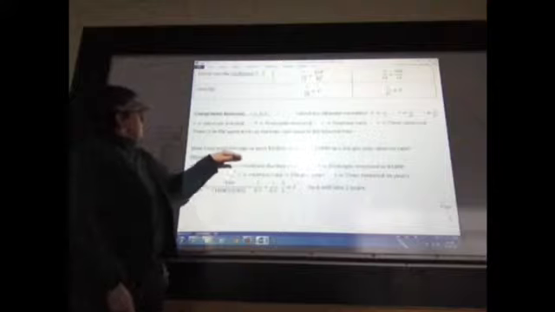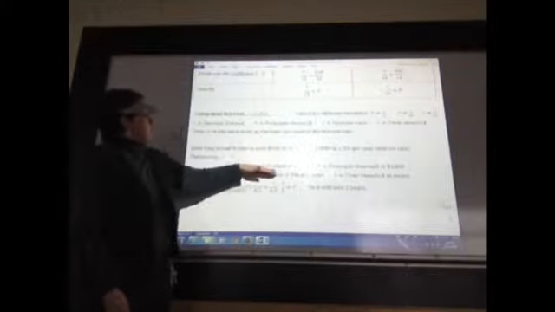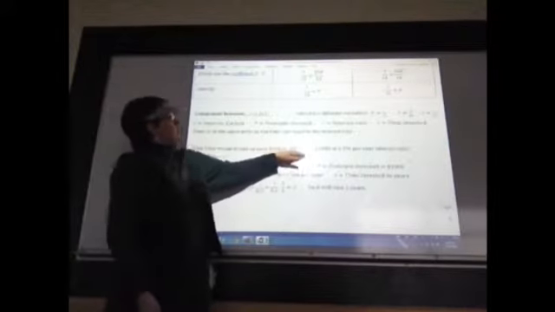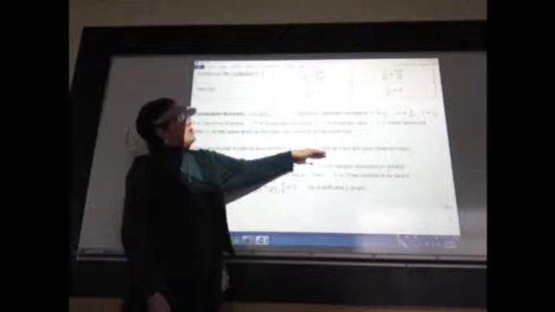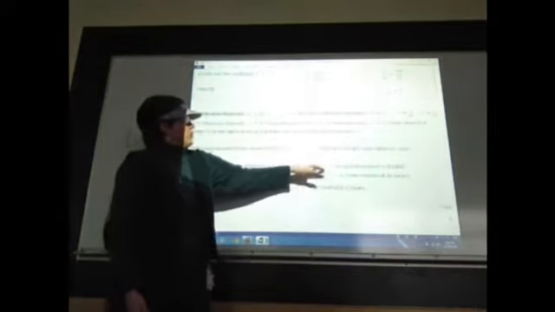And we said, how long would it take to earn $100? Oh, that's interest earned. So my I equals 100. By investing $1,000, it's the principal that we invest. Principal invested is P, so our P is 1,000.